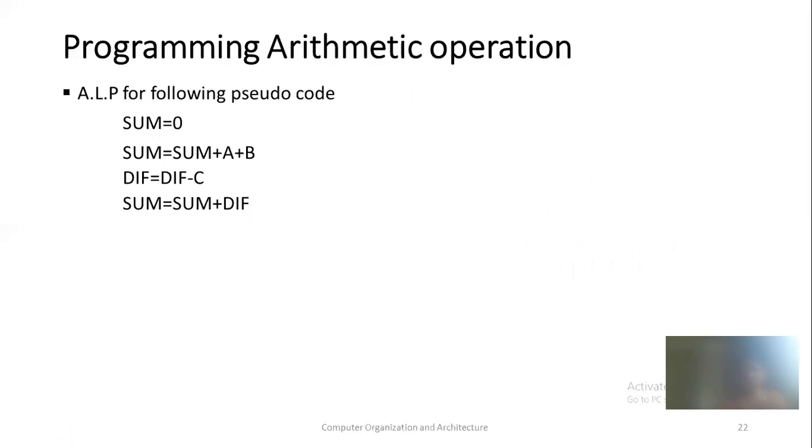Next, if you are given pseudo code like these equations: sum is equal to 0, sum is equal to a plus b, sum is equal to sum plus a plus b, difference is equal to difference minus c, sum is equal to sum plus difference. Here sum, a, b, c, d, i, f are all memory locations, and you have to do this kind of operation on your memory content.